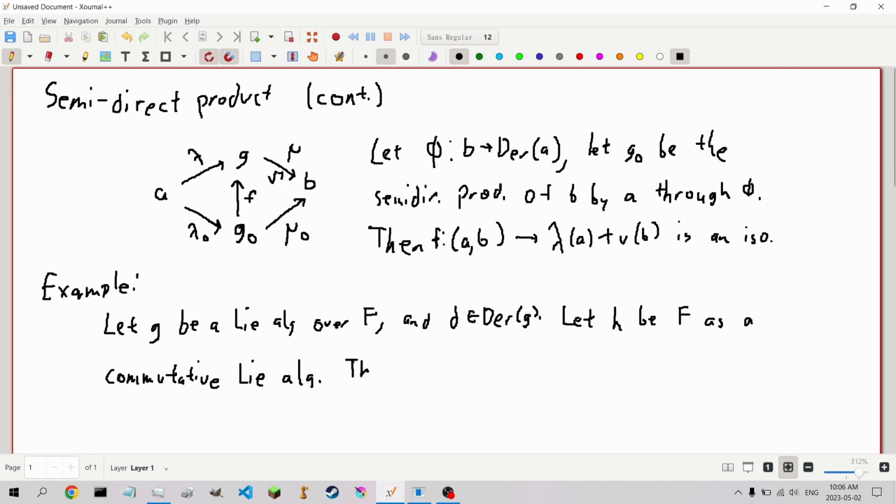Okay, and so we're going to define a mapping from lambda to lambda D for lambda in F. And this is a homomorphism from H, this algebra H we've created, and this mapping onto the derivations of G.